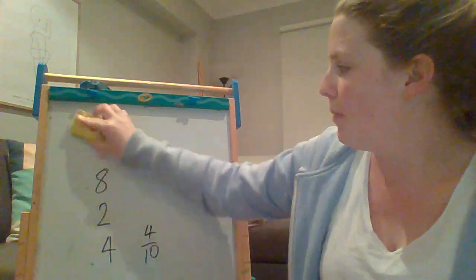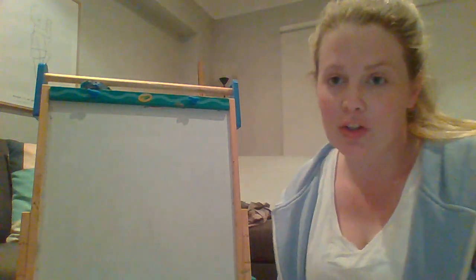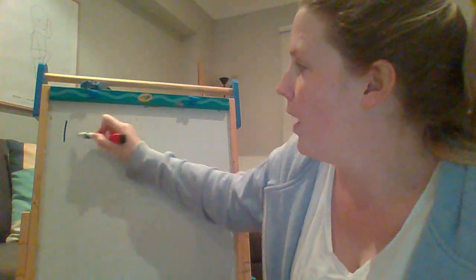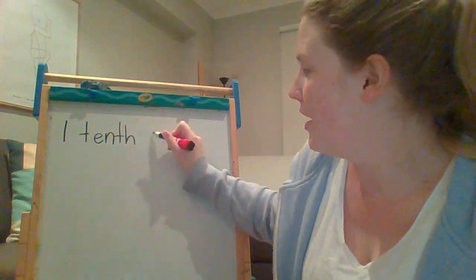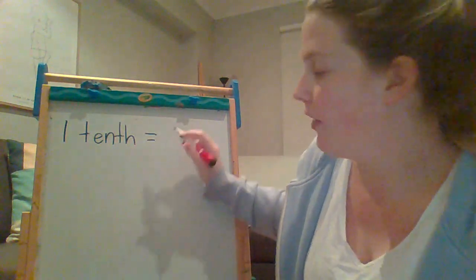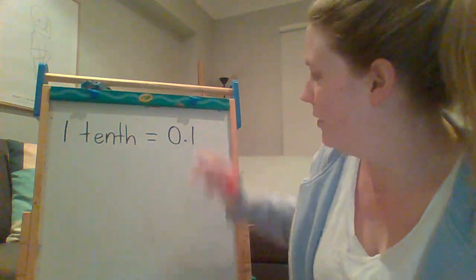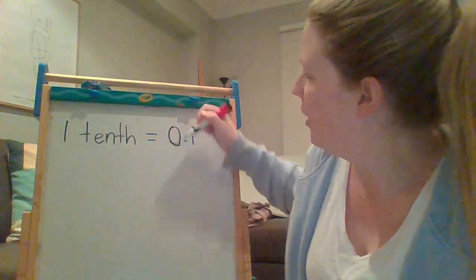And you've got to tell me what the tenths are using those words. So for example, I've written 1/10. That would equal, if I was to write it as a decimal, 0.1 or 1/10.